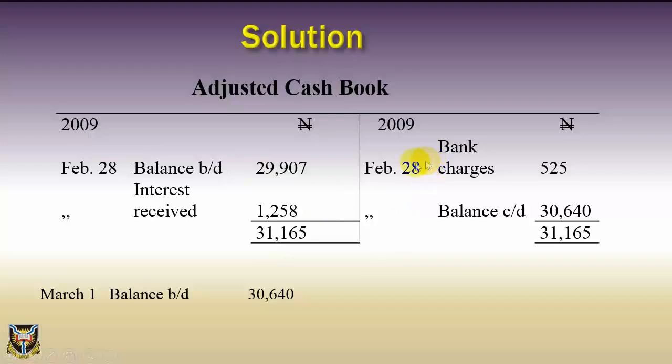March 1. Balance B/D 30,640. The right side. February 28. Bank charges 525. Balance C/D 30,640. Total 31,165.